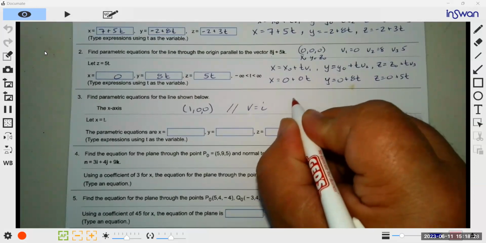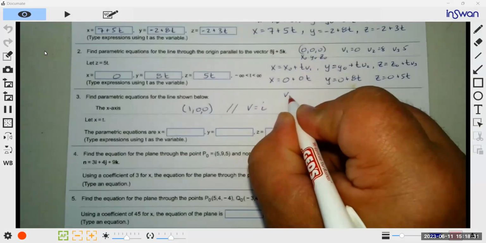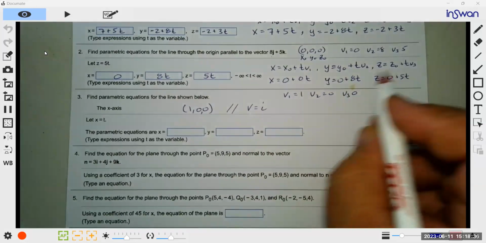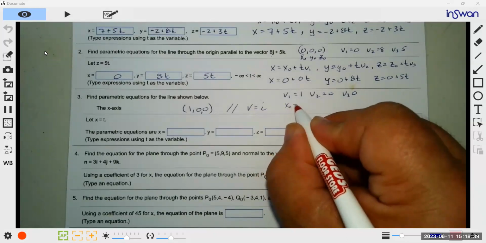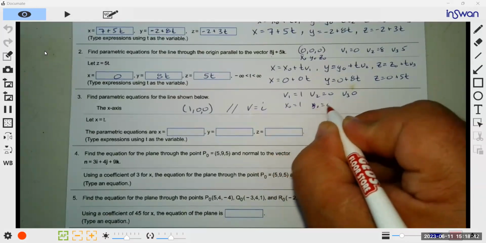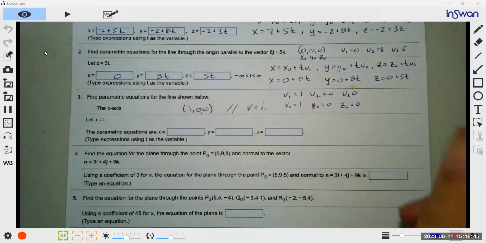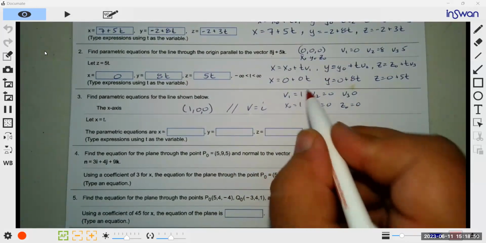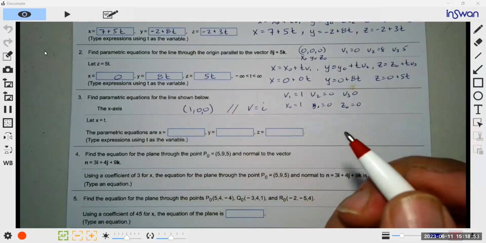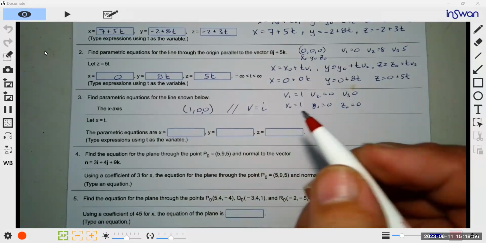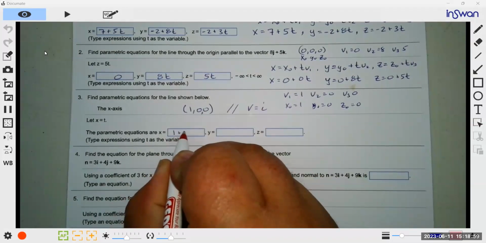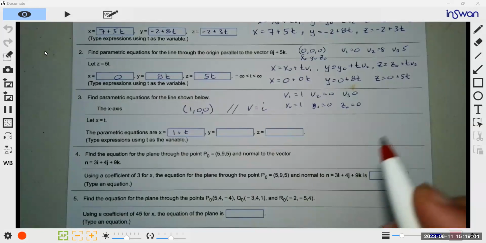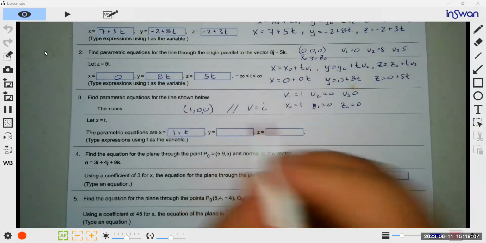Okay, so we have here v1 is 1, v2 is 0, v3 is 0. x sub 0 is 1, y sub 0 is 0, z sub 0 is 0. So 1 plus 1t, and the rest are zeros.